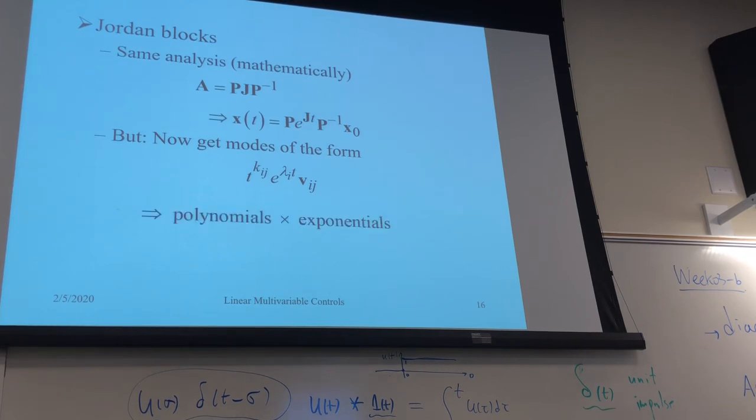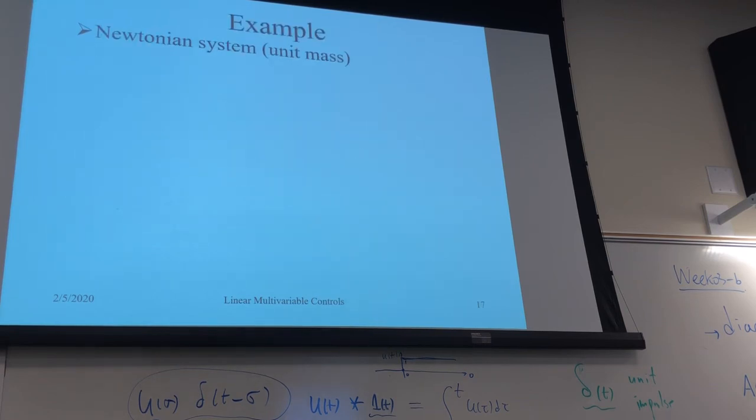You are going to have polynomials times exponentials, and still the exponential will dominate no matter what. We're going to see an example next time, I think. It's a good idea to stop here and then look at a Newtonian system.